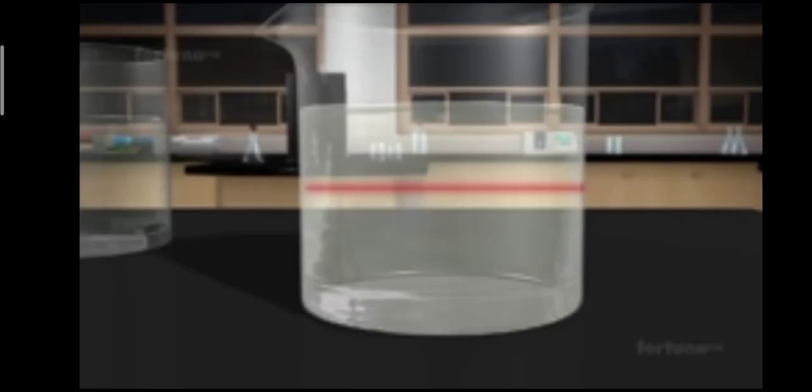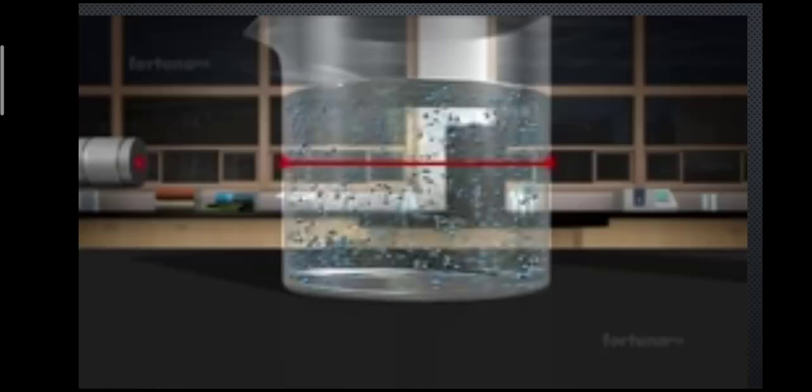Now we'll shine a laser through the second beaker containing the sugar solution. Once again, we cannot see the beam as it passes through the solution, but we are able to see it as it emerges from the other side, again unchanged.